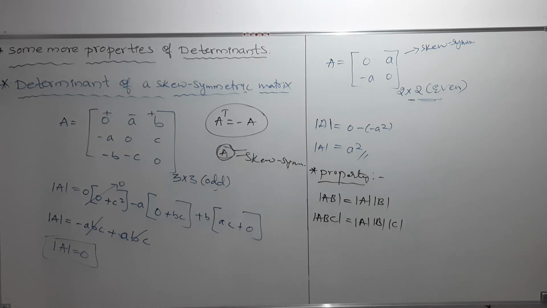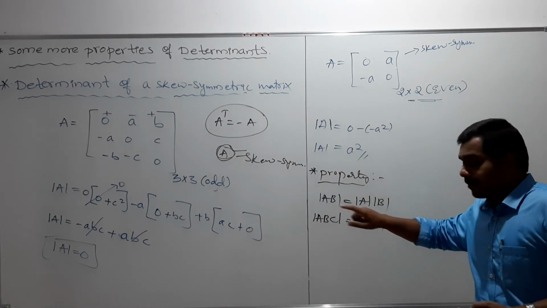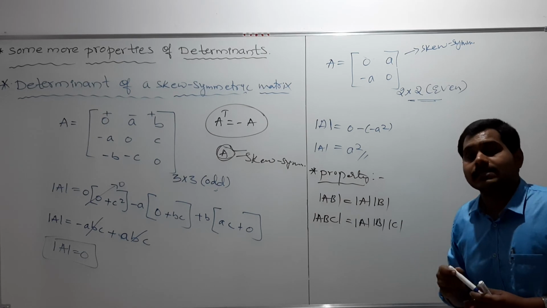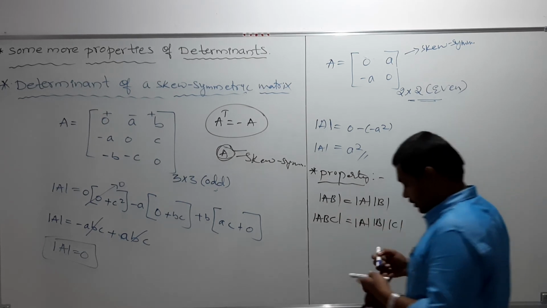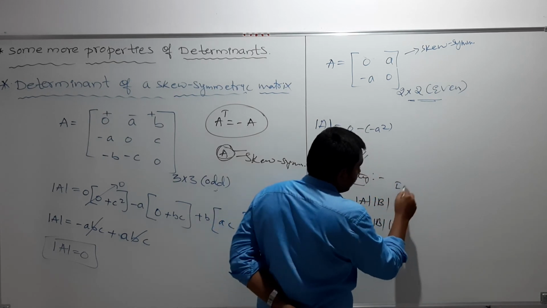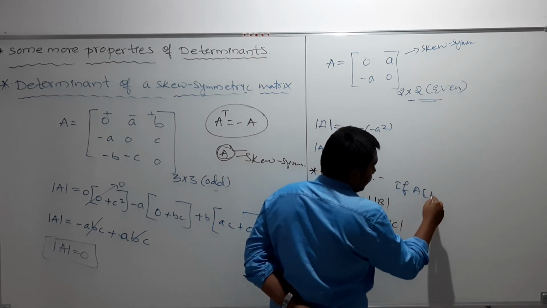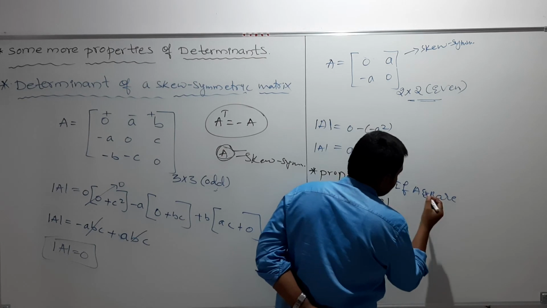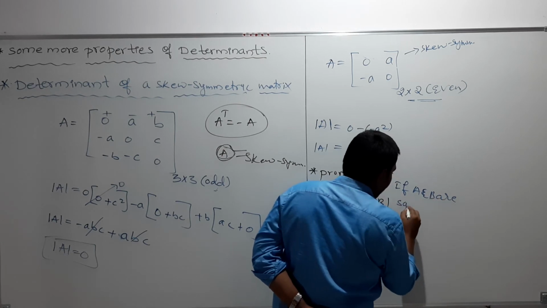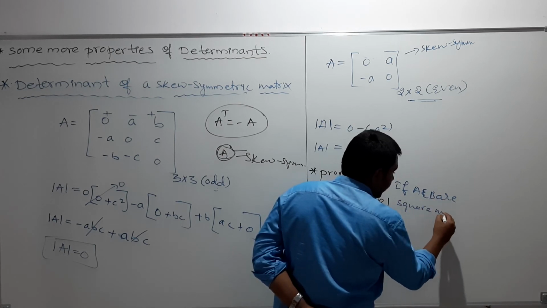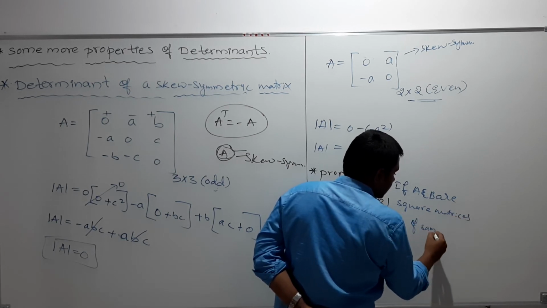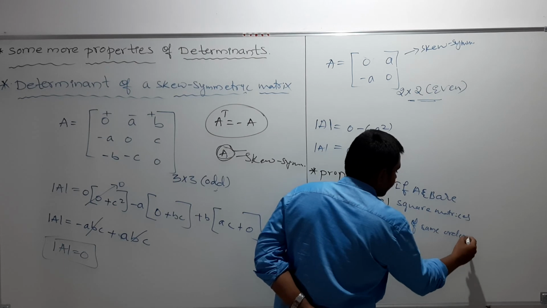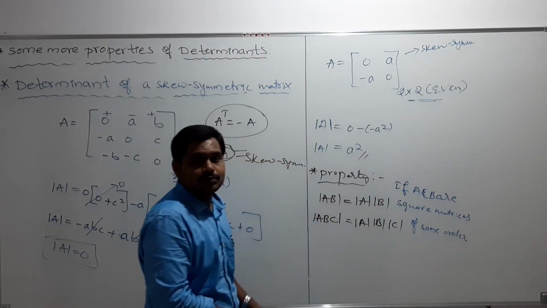My students, please remember here A and B must be square matrices, and the order must be the same. Here I wrote one condition: if A and B are square matrices of the same order, then this property verifies.